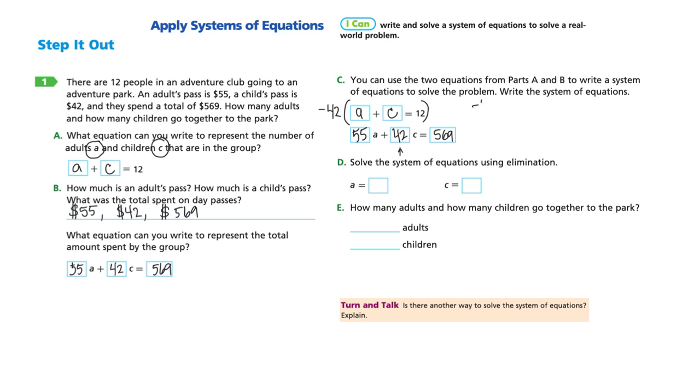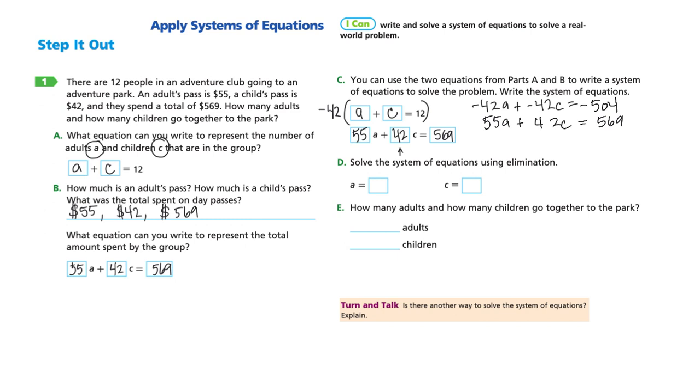So I'm going to choose to multiply this whole equation by negative 42. I don't want to multiply just by positive 42 because then adding those together would give me 84. So now I have negative 42a plus negative 42c equals negative 504. I did not do that in my head. Okay, so now I can put this other equation underneath here, 55a plus 42c equals 569.